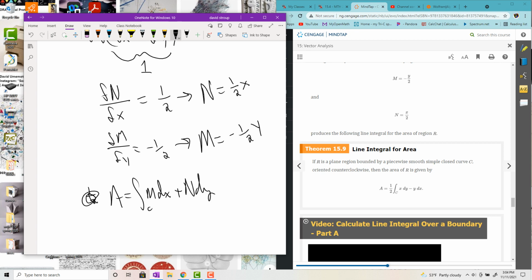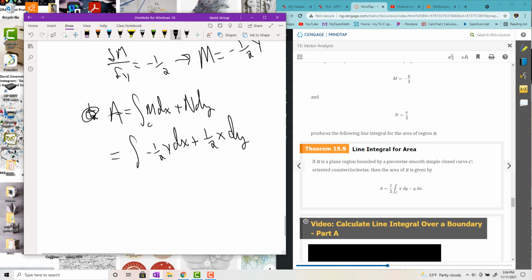So M, we said, is -1/2 y, then dx, plus N is 1/2 x dy, and then rewriting it like they have in the book, factoring out the 1/2, you have 1/2 integral of x dy minus y dx. And you could use that to figure out area.